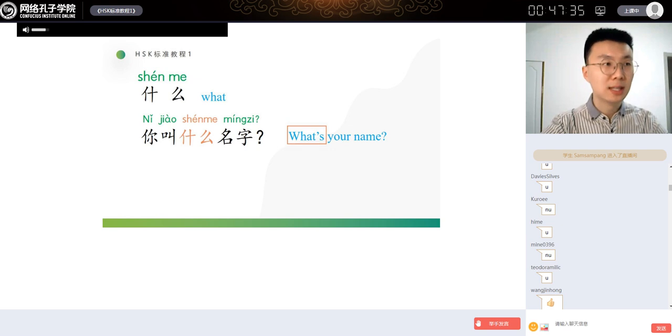We can find in English, if we want to ask one's name, we should put what at the head of a sentence. But in Chinese, we don't need to change the order of the sentence. We just need to use the question word and put it at the place of the object. 你叫什么名字?